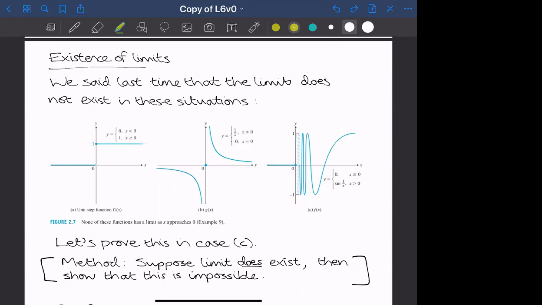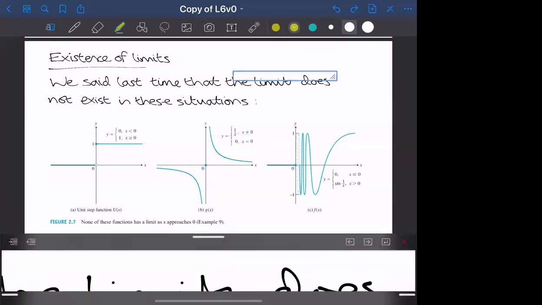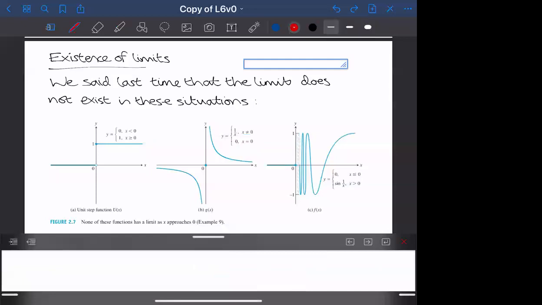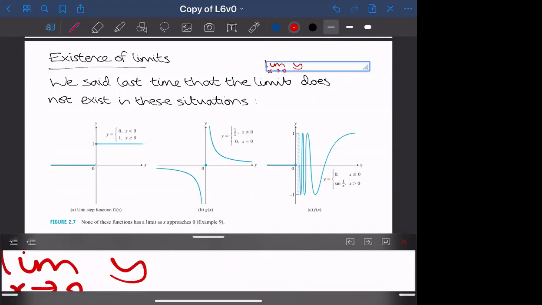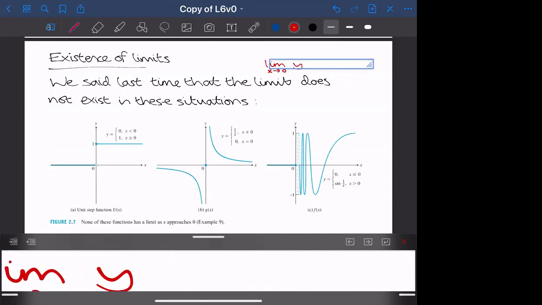So we said this last time, that in these cases, A, B, and C, the limit of y as x goes to 0 does not exist.